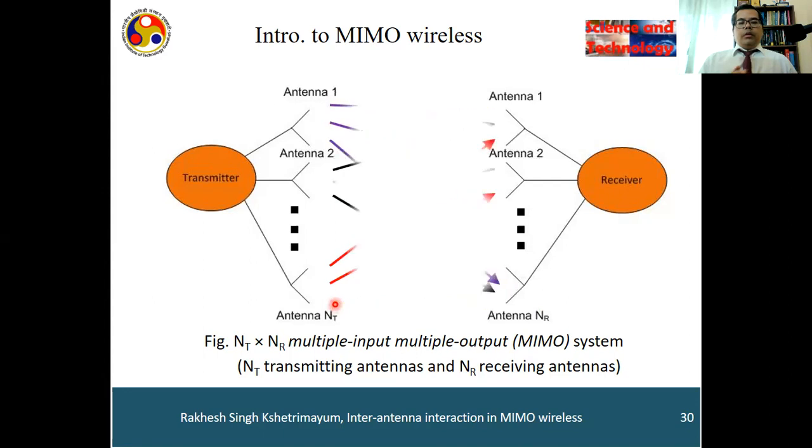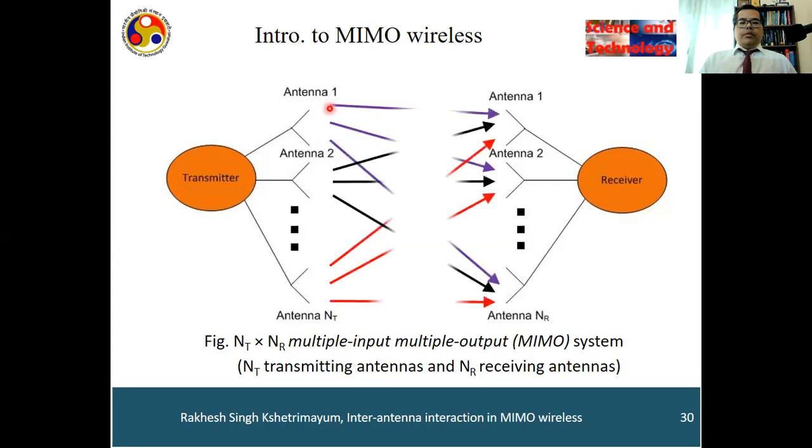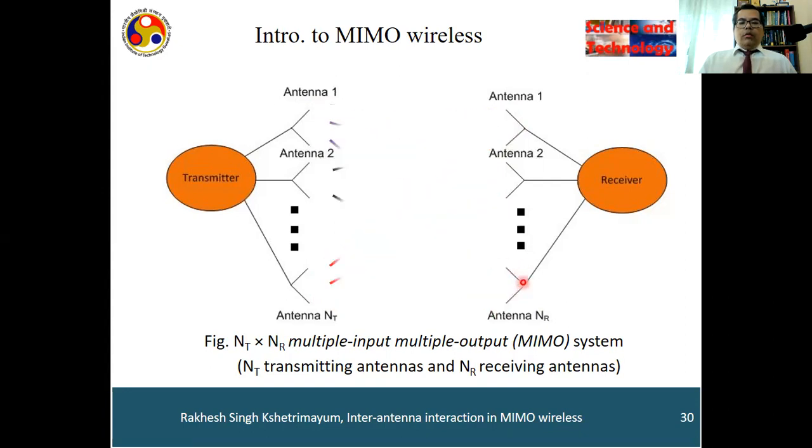We are transmitting different symbols or bits from antennas 1, 2, and 3. But what you can observe here is that the symbols transmitted from antenna 1 to NT are received by antenna 1, by antenna 2 also, and antenna NR also. All the symbols transmitted by the transmitting antennas are received by antenna 1, antenna 2, and antenna NR.